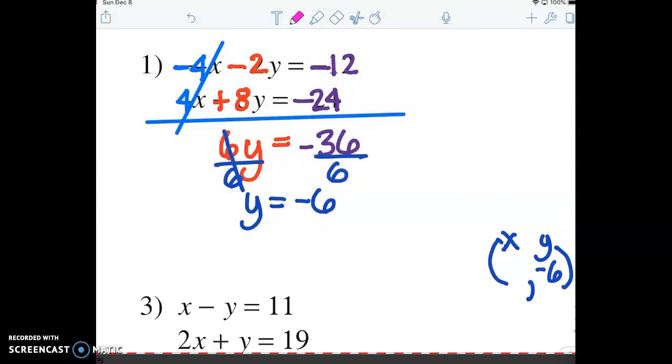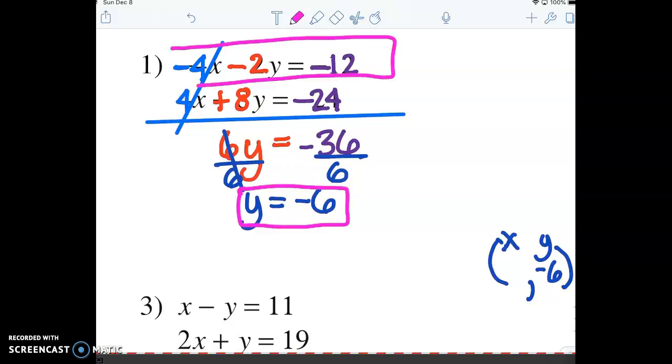So now what do I do with this y equals -6 to make something happen with my x? Well, now I have to plug in. I have to plug into one of the original equations. It doesn't matter which one. Sometimes one is easier than the other. I don't think that's necessarily the case in this problem, but I'm just going to pick the first one.